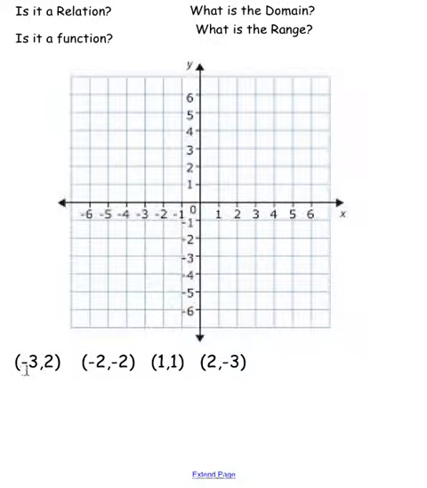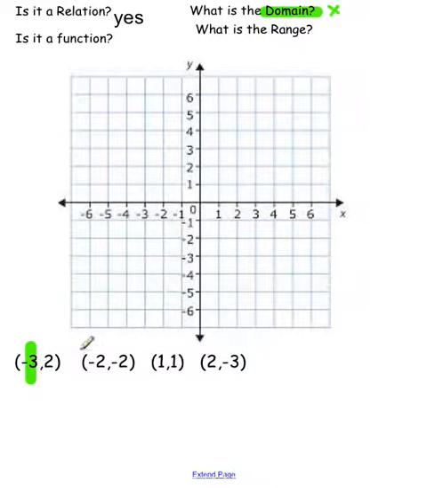Next one, I have my relation down on the bottom this time. Is it a relation? Well, do you see ordered pairs? If you see ordered pairs, yes, this is a relation. I'm going to skip this one because I need to do this first. What is the domain? Remember, domain is your x's. So I need to go down here and find my x's.